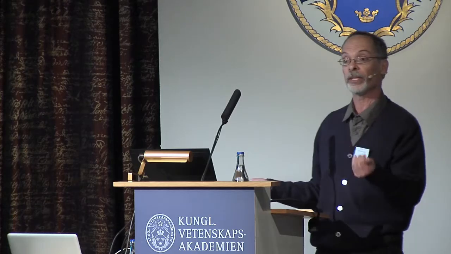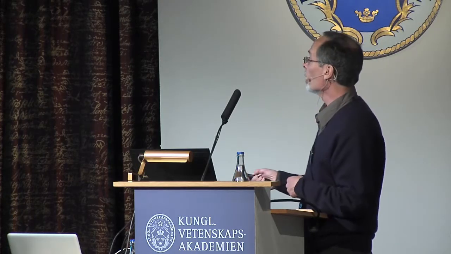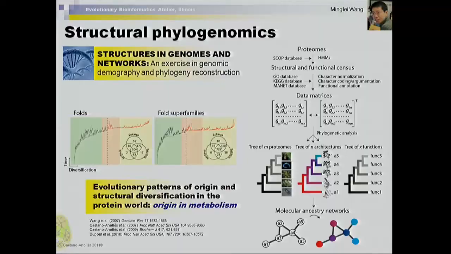I showed it in that initial slide. These evolutionary patterns provide origin and structural diversification of this protein world, and we find that the origin of these reconstructions are in enzymes related to metabolism.